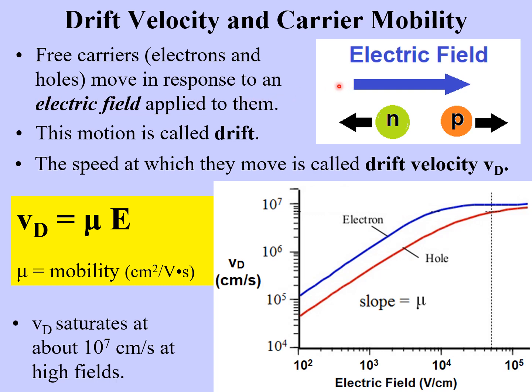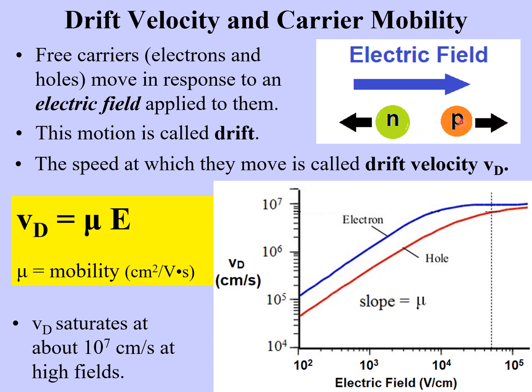And this is just basic physics that you learned back in your physics classes. An electric field causes a force on a charged particle. So again, if the field's pointing to the right, electrons will feel a force going to the left because of their negative charge, and holes will feel a force going to the right because of their positive charge.